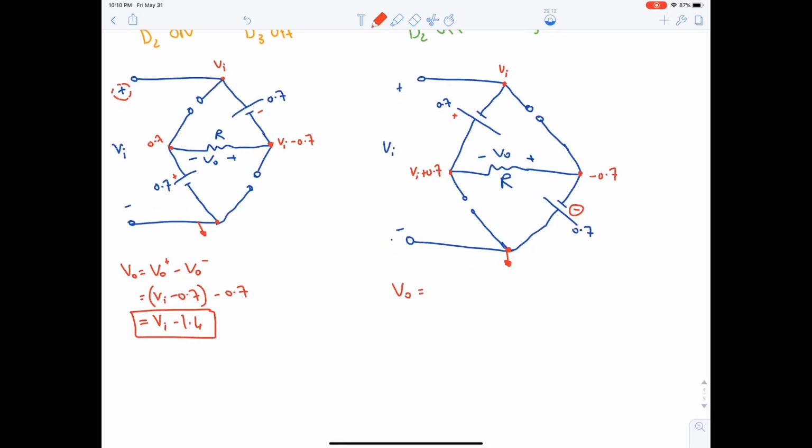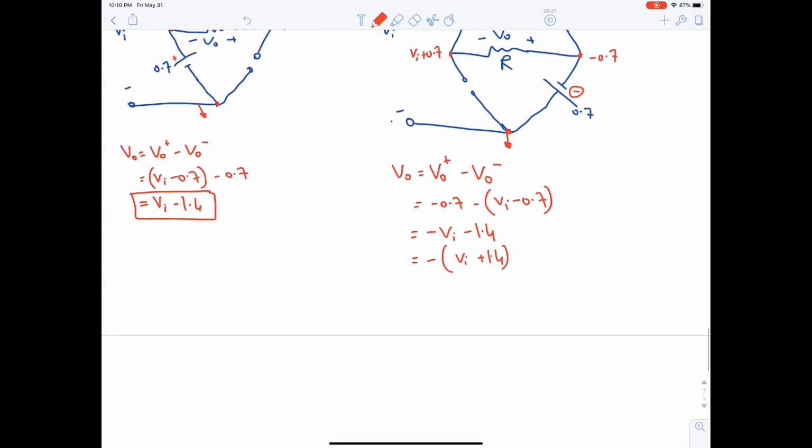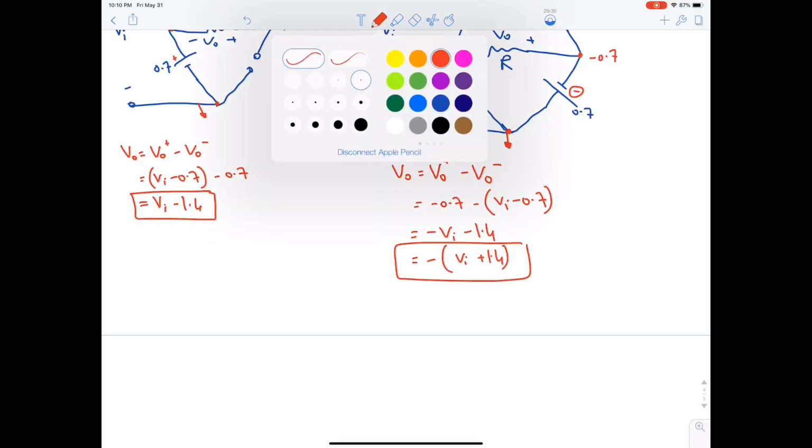So V output is VO positive minus VO negative. VO positive is minus 0.7, and the negative value is VI minus 0.7. Hence, it will be minus VI plus 1.4.